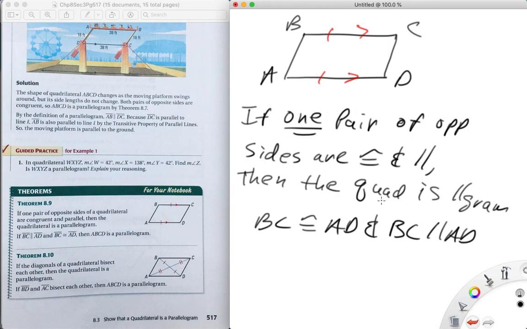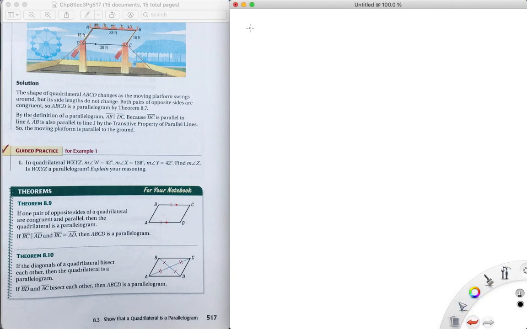Alright, so that's theorem 8.9. Again, this is unique in that it's not an inverse of the previous section. This is only one pair, and it's proving a parallelogram. Theorem 8.10, that is an inverse of the previous one.